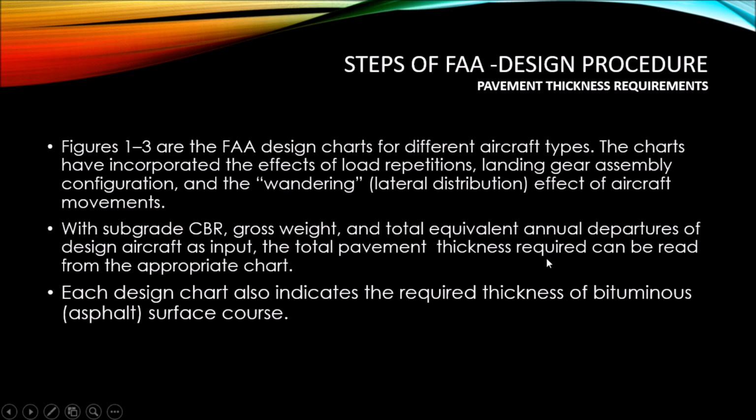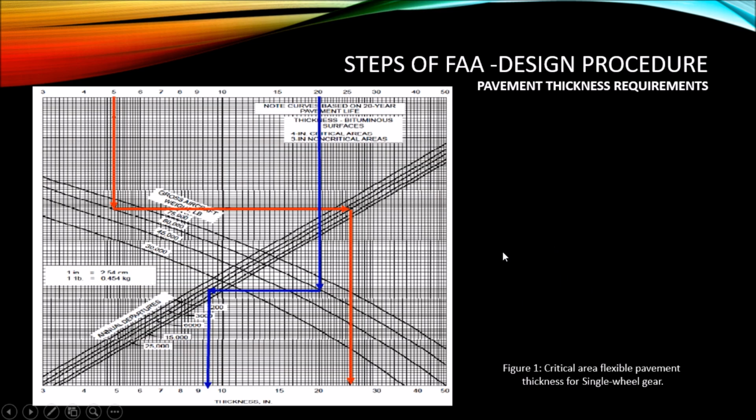The total pavement thickness requirement can be read from the appropriate chart. Each design chart also indicates the required thickness of the bituminous or asphalt surface course. So let's look at the graph we're talking about. This is one of them.